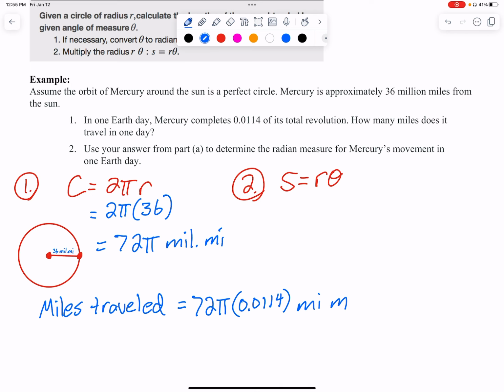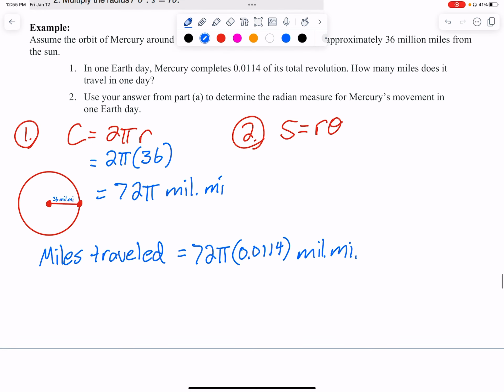In case I passed it pretty quick, what I'm doing is, this is my full revolution all the way around. And then they told me that we wanted just the time for this bit of a revolution. That's it, 0.0114. And we don't even care about the Earth day thing, because they actually told us how much of it went in.